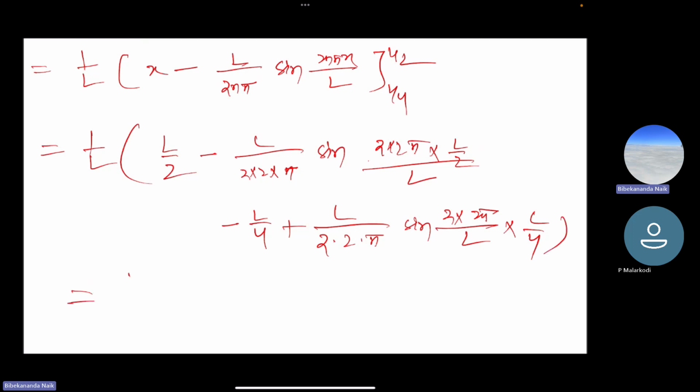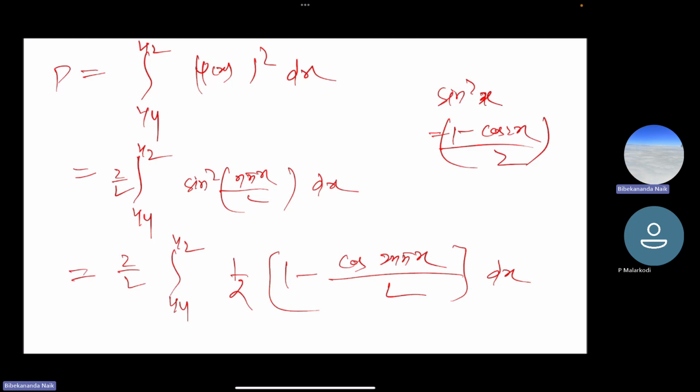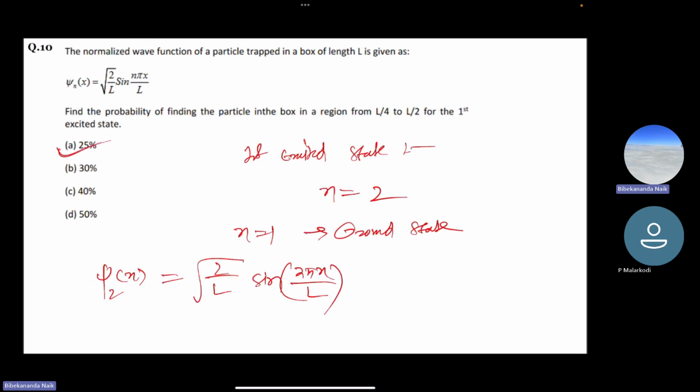So if you calculate, it will give you 1 by 2 minus 1 by 4, that is 1 by 4. So if you make it into percentage, it will be 1 by 4 into 100%, that is 25%. So the correct option will be 25%.